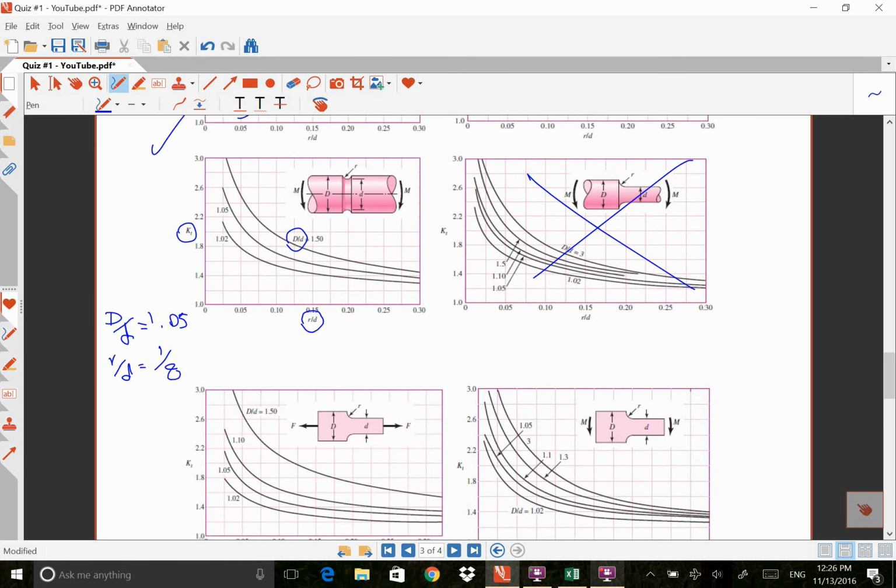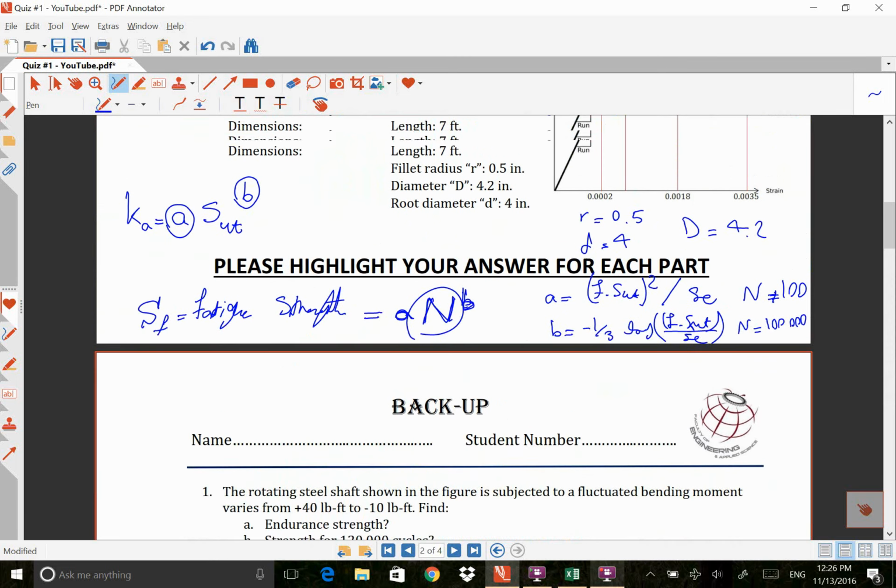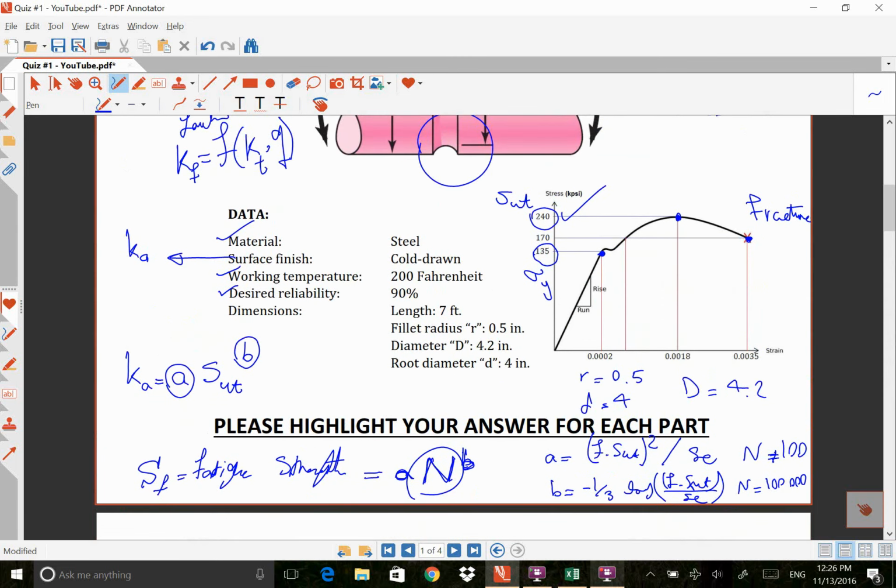Okay, so 1 over 8 is this number here, and I go up, and then I find the intersect between that and this line, and then I go to the left, and I read that. So for example, that is 1.6. That's my KT. So I read the KT from the graph.